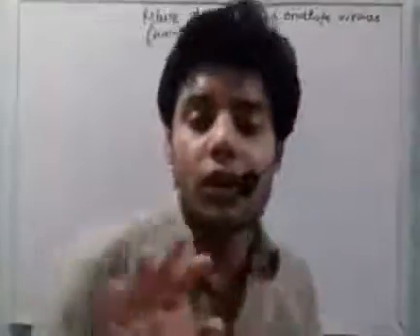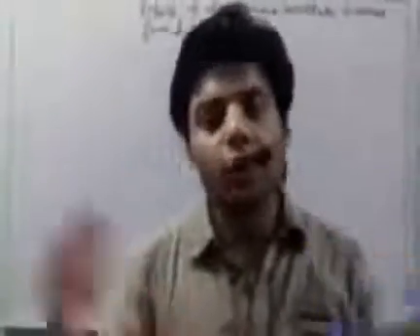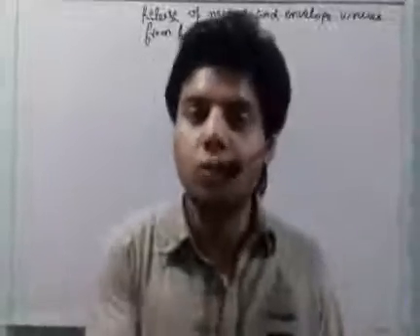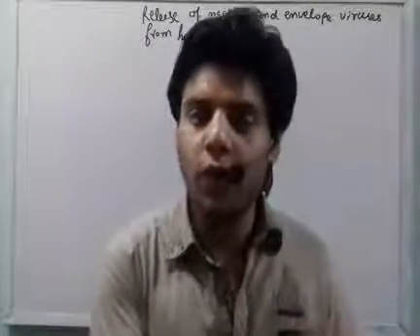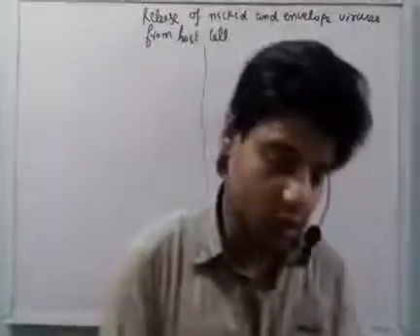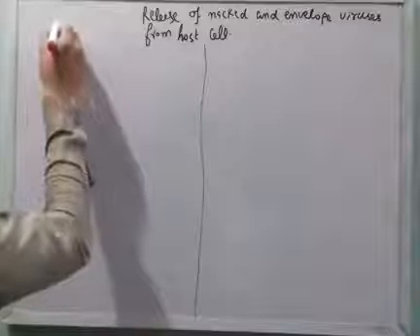Now let's talk about what happened. I already talked about the pathogenesis, meaning the attachment and the engulfment. If you missed that video, go back to my channel and watch it, and after that you will see the release of the naked and envelope viruses from the host cell. Now, what happened? This is a virus.